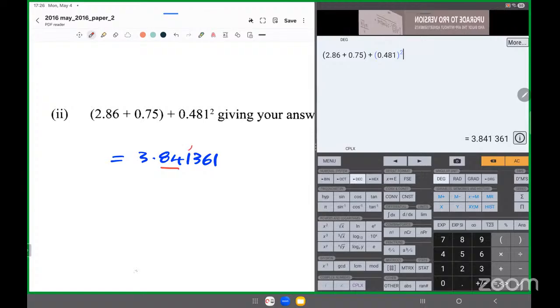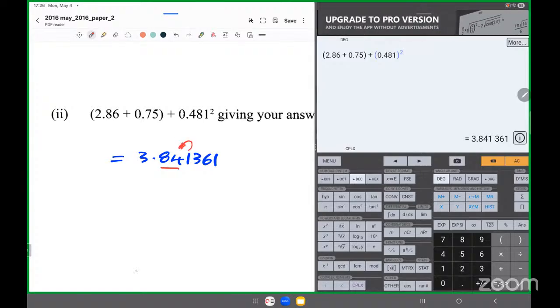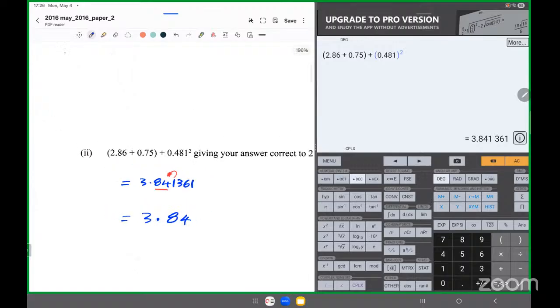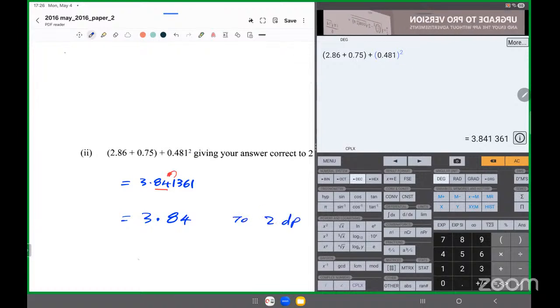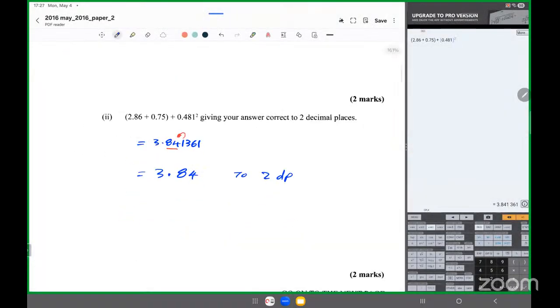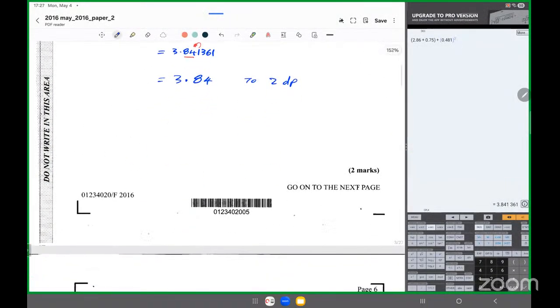Using this one to correct that 84, it remains 0.84. And so this becomes equal to 3.84 to 2 decimal places. And that is it. All right, so that's your first 4 free marks on this paper.